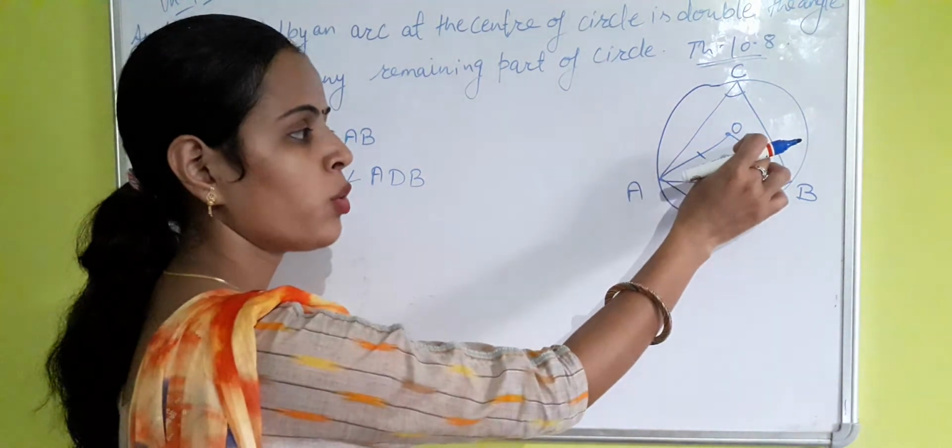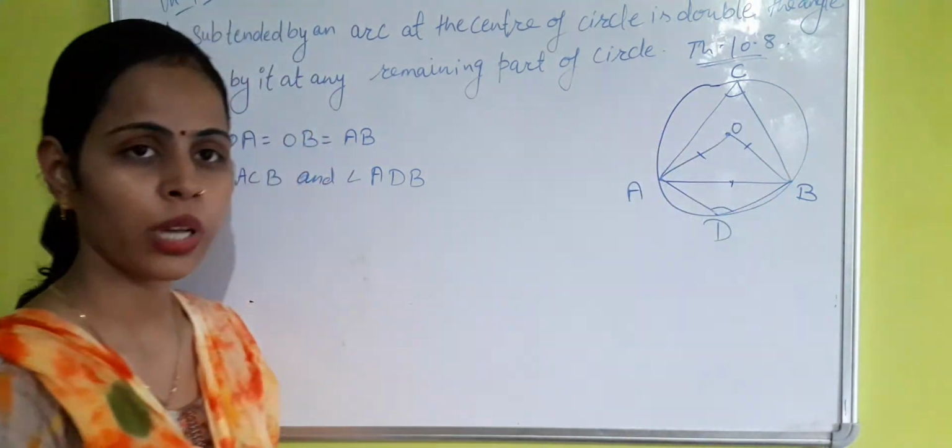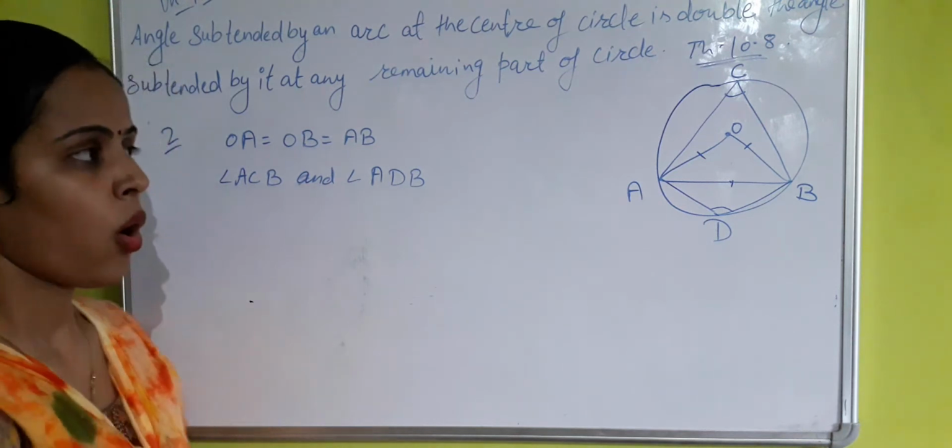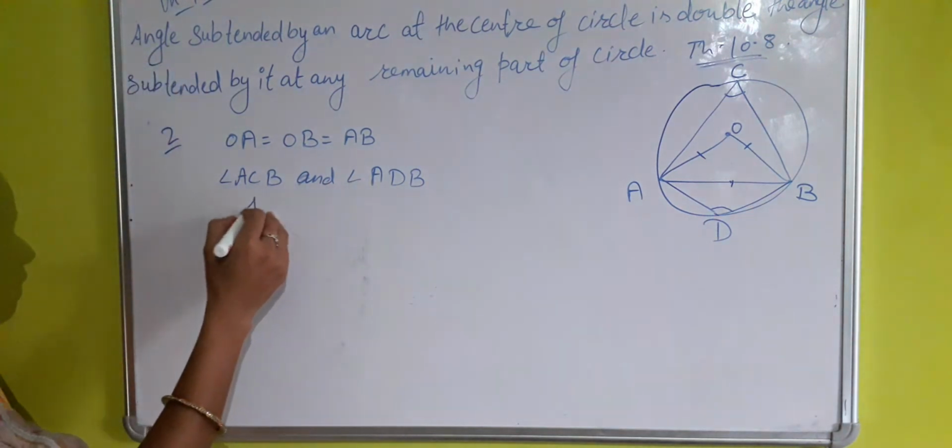OA is equal to OB equals AB. In triangle AOB, all the sides are equal.